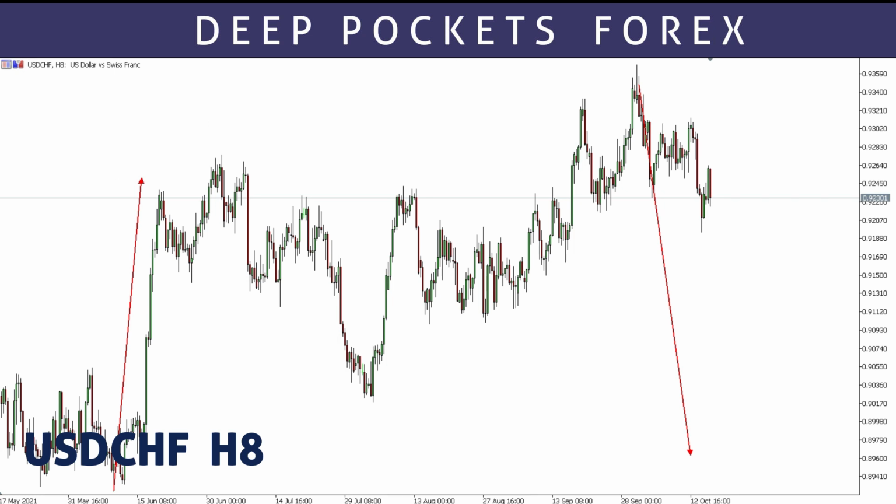This is USD CHF. Now you all know that for USD CHF, we've been talking about a drop here. This past week we talked about this corrective structure to complete, then price would start moving down, and it moved up. Now we can expect price to start moving like this, all the way down to around this area.